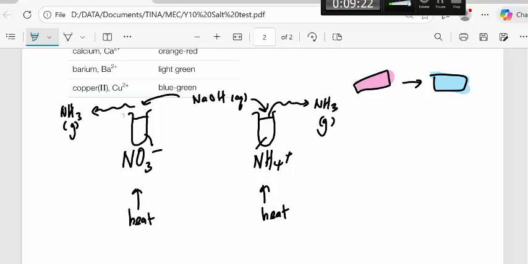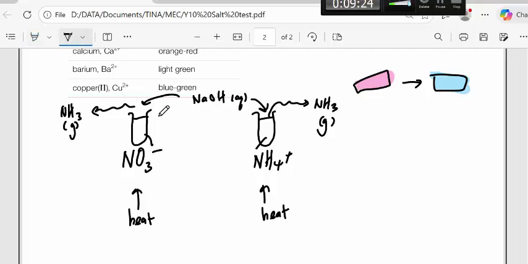There's one difference. For testing nitrate, you also put in a piece of aluminium foil. If you add aluminium foil, heat up, and get ammonia gas, it's nitrate. If you just add sodium hydroxide and heat up, and there's ammonia gas without the aluminium foil, it is ammonium. Can you understand? Basically it's to test for the presence of these two.